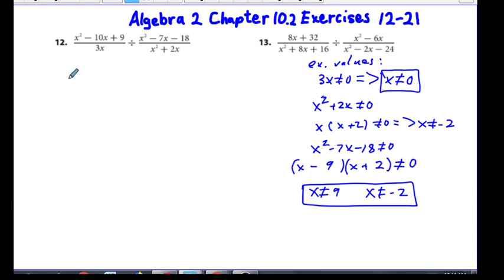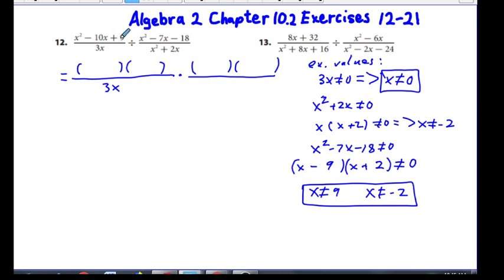Okay, and then the rewrite. We don't have any pesky negative signs to deal with here. And we multiply by this here. And then let's just fill this in. The denominator with 3x. Here, this x squared minus 10x plus 9.